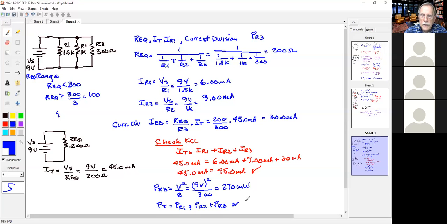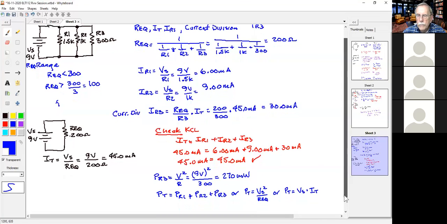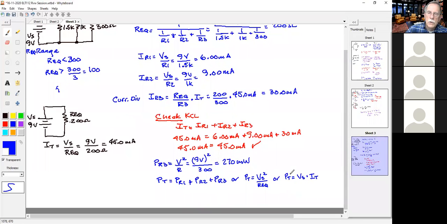Or I could calculate P total is V sub S squared over REQ. Or I could calculate P total is V sub S times IT.